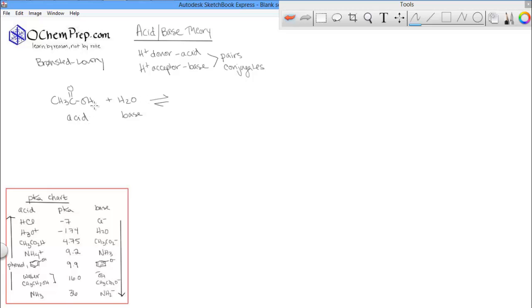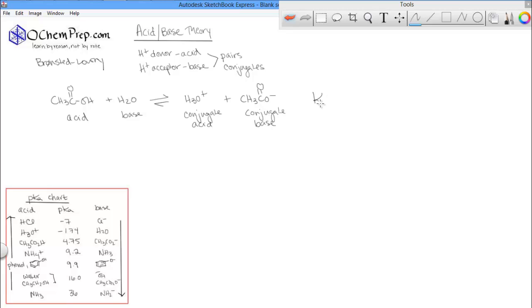And when the proton goes over to the water, you get H3O+, which is called hydronium ion. That's called the conjugate acid. Hydronium is the conjugate acid of water. And then you make acetate, which is the conjugate base of acetic acid.